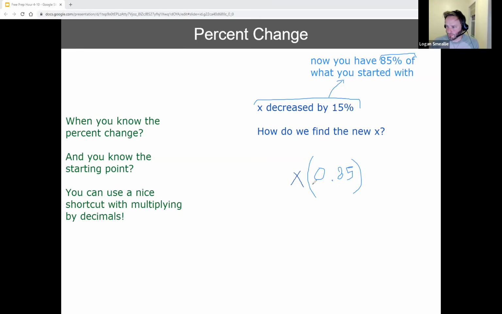What is that? Well, basically I took 1 minus 0.15, and then I just simplified it. The 1, again, represents the starting point, and the subtraction of 0.15 represents the 15% less.